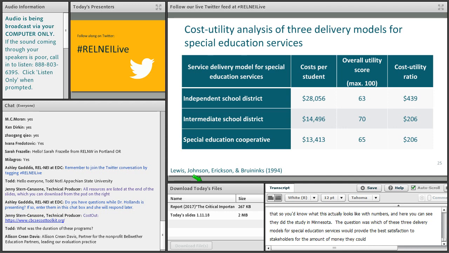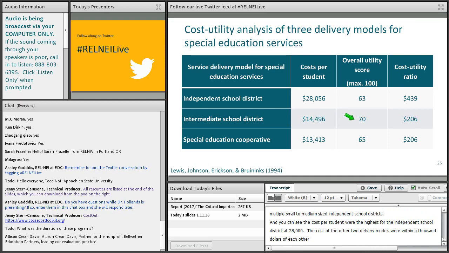The 3 models were delivery via an urban independent school district; the second one is delivery via an intermediate school district representing a consortium of districts jointly offering services; and the third one is via a special education cooperative, which is made up of multiple small to medium-sized independent school districts. And you can see the cost per student was the highest for the independent school district at $28,000. And the costs for the other 2 delivery models were within $1,000 of each other.